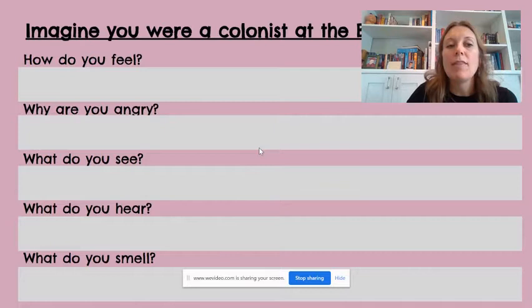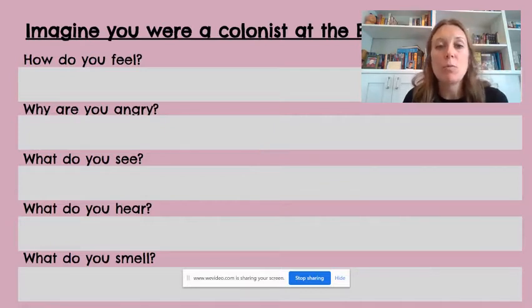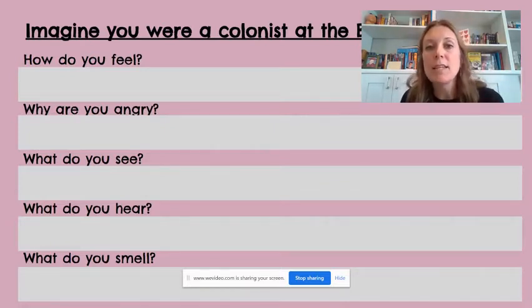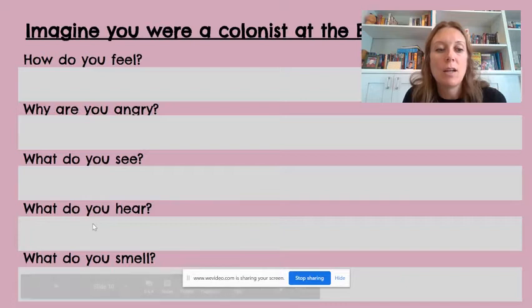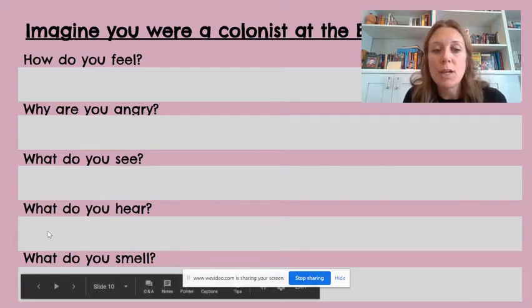Okay. And then you're going to imagine that you were one of the colonists at the Boston Tea Party who are throwing tea over the boat into the water. How do you feel? If you are that colonist, how do you feel? If you are that colonist, why are you angry? If you are that colonist, what do you see? When you're on that boat, what do you hear? And what do you smell?